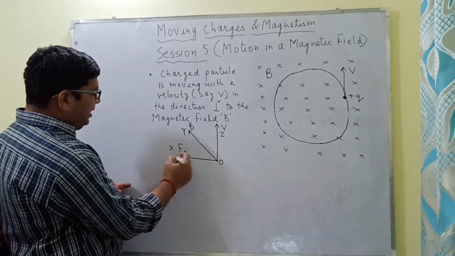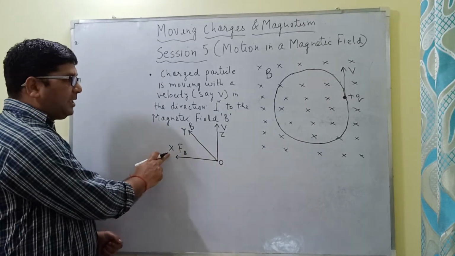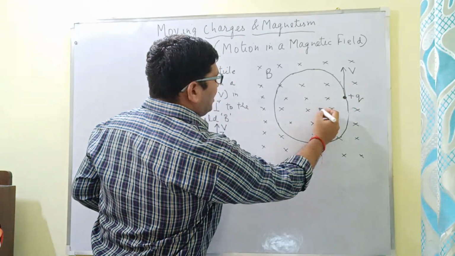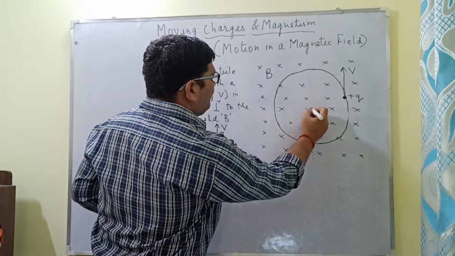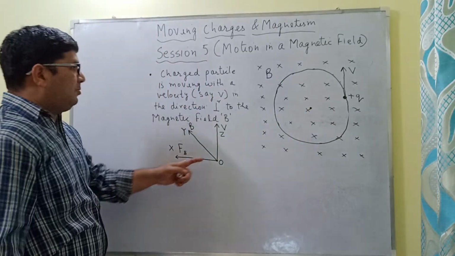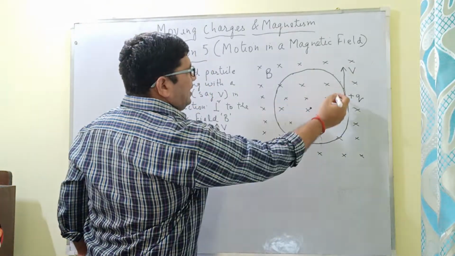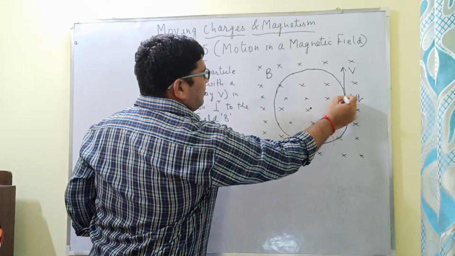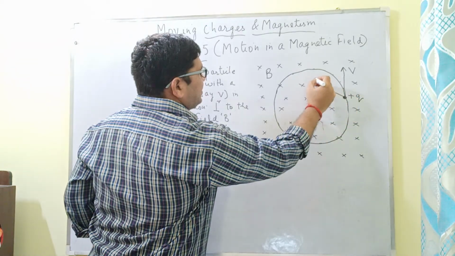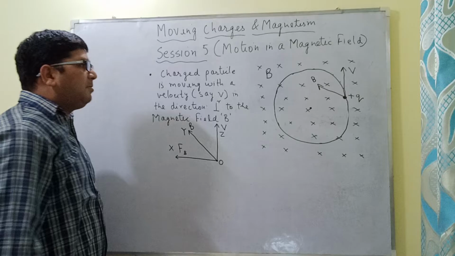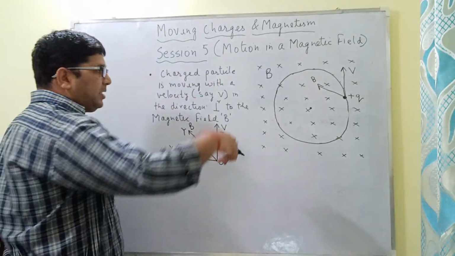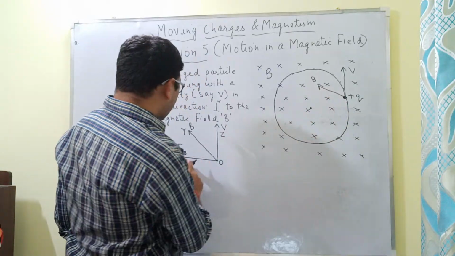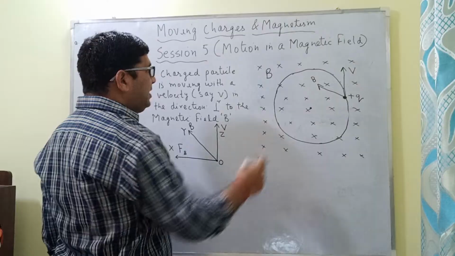So this FB will be acting in this direction. If this is the velocity, B is acting somewhere, let us say in this direction, the magnetic field is directed inward, into the plane.